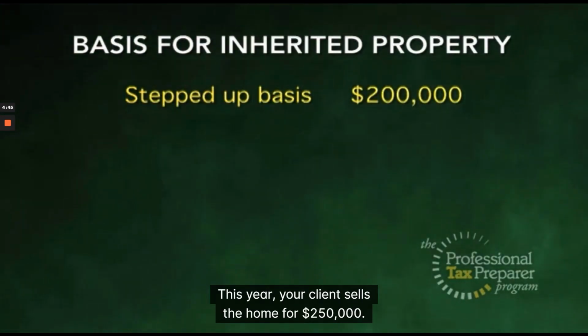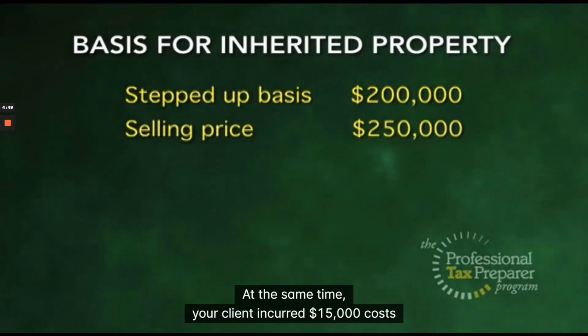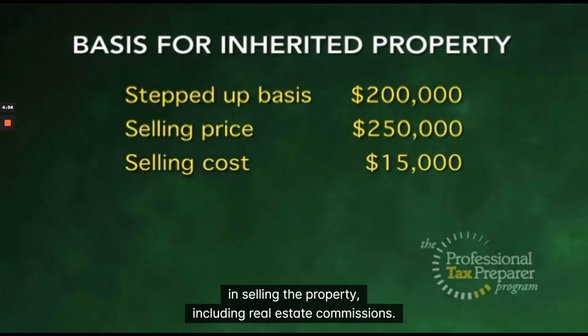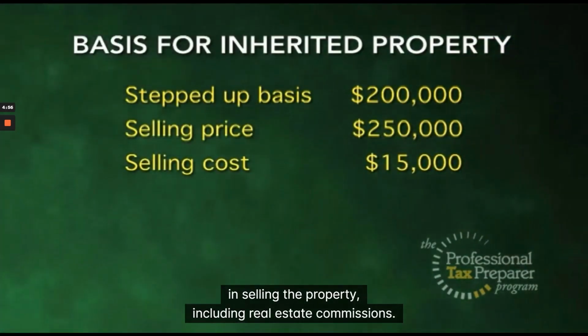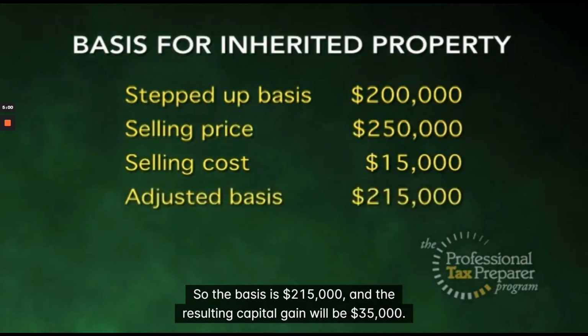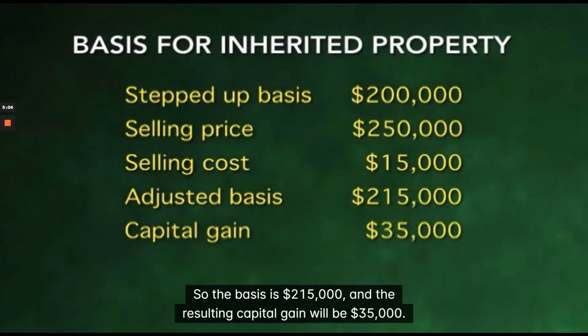This year, your client sells the home for $250,000. At the same time, your client incurred $15,000 costs in selling the property, including real estate commissions. So the basis is $215,000 and the resulting capital gain will be $35,000.